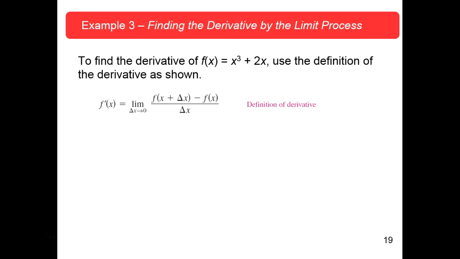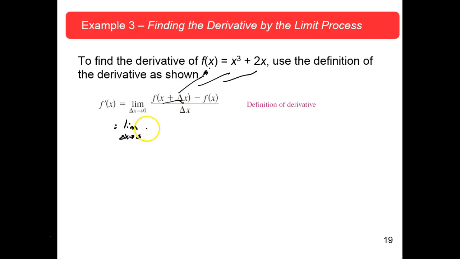Example 3. To find the derivative of f of x equals x cubed plus 2x, we have to go back and use the definition. Remember this definition? We have to go through and do all that. That's going to be the limit as delta x approaches 0 of f of x plus delta x, plugged into this. Everywhere you see an x, plug in x plus delta x.